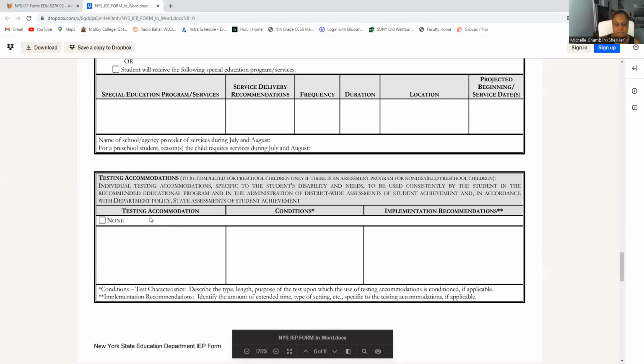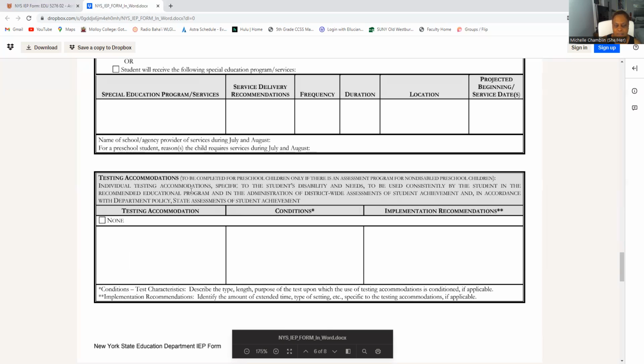So testing accommodations. If you have a student that has needs, then they very well will need testing accommodations. So let's just read this. It says, to be completed for preschool children only if there is an assessment program for non-disabled preschool children.